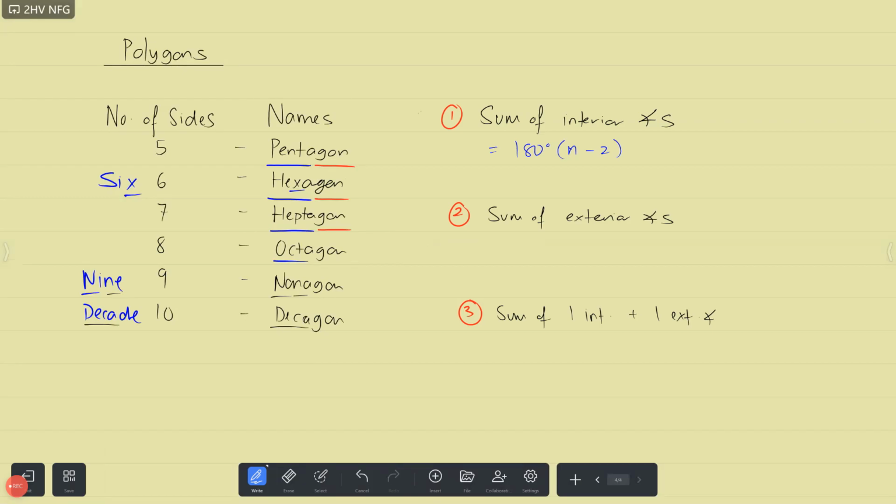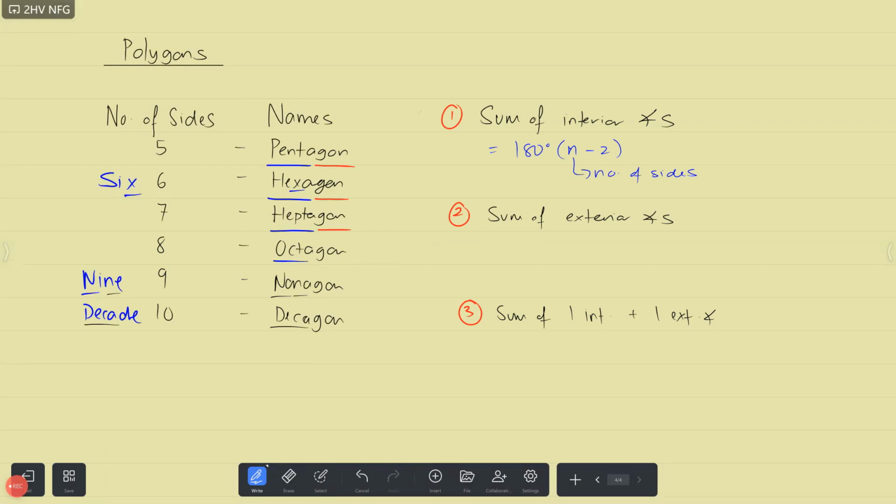This is the first time you see the letter n. N stands for the number of sides of the polygon. If your polygon has 7 sides, n equals 7. If it has 10 sides, it is 10 minus 2, multiplied by 180, to get your sum of interior angles. I'll go through how to use these formulas later on.